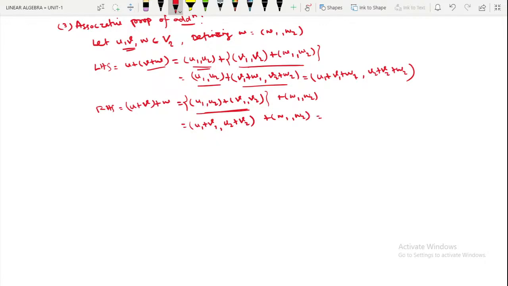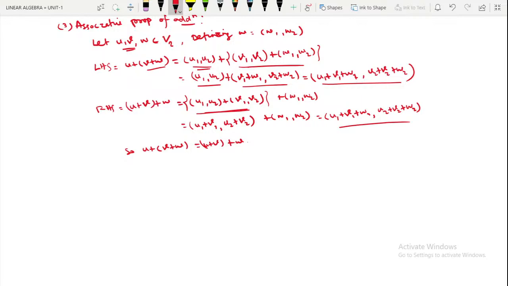Then if you sum this coordinate-wise, you will get u1 plus v1 plus w1 comma u2 plus v2 plus w2. If you see, this is the same as this one, so LHS must be equal to RHS. I can write u plus v plus w equal to u plus v plus w. So I can say the associative property of addition is satisfied.